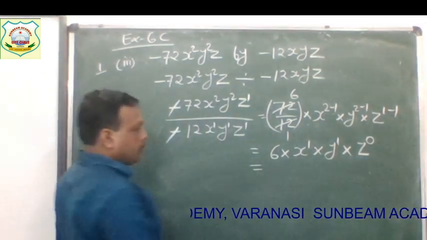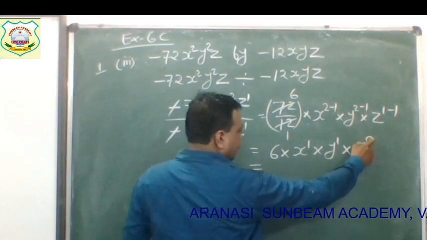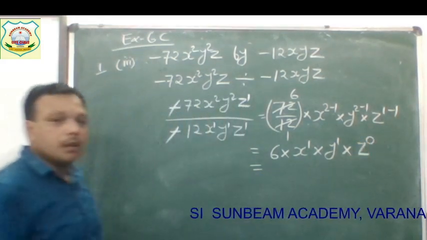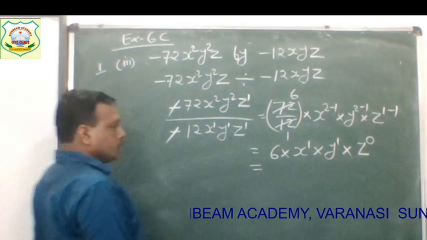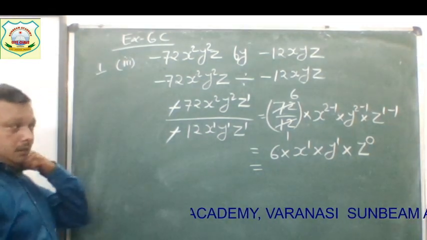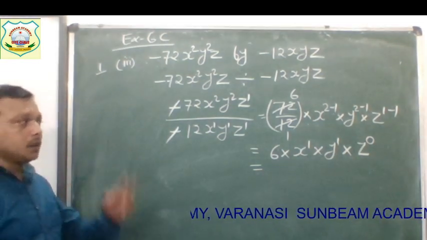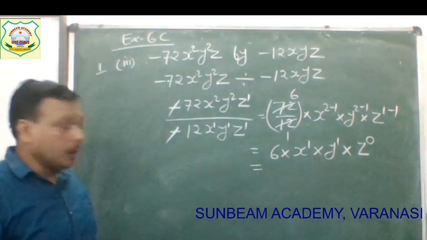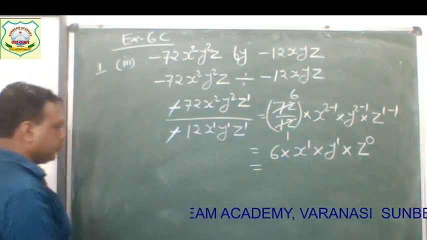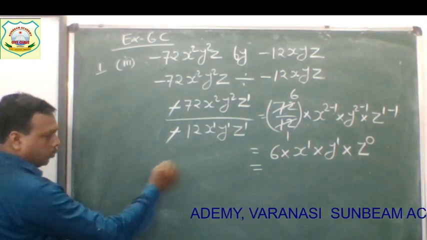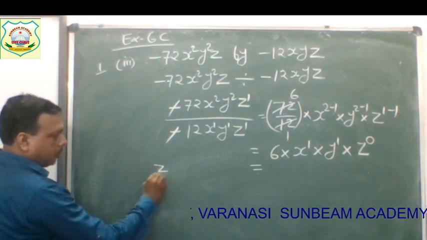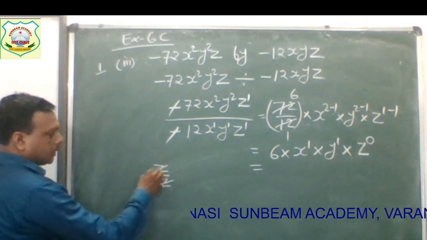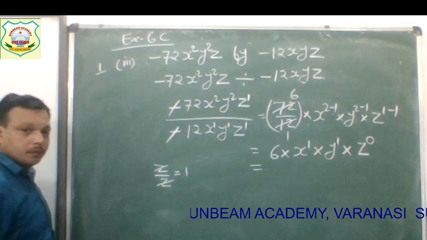If any variable or any number has a 0th power, its value will come as 1. Students, you can think how z power 0 is written as 1. Look, a common example: z upon z. When you cut it, what will come? 1.